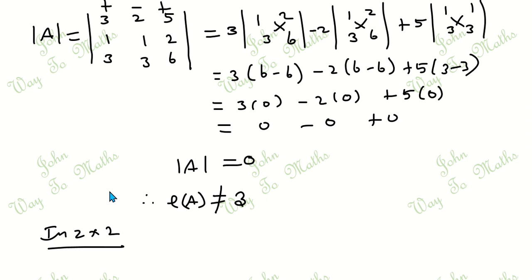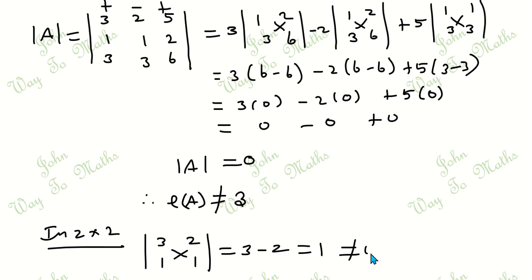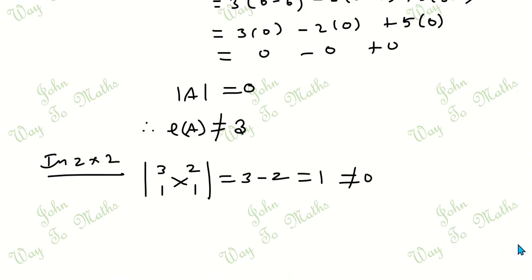First I'm going to choose the first minor matrix 3 2, 1 1: first diagonal minus second diagonal, 1 times 3 is 3, minus 1 times 2 is 2, which is equal to 1. Here the determinant value does not equal 0, therefore in the 2 by 2 matrix a nonzero determinant exists, so the rank of the matrix becomes 2.